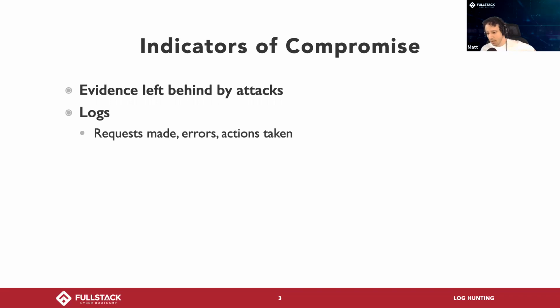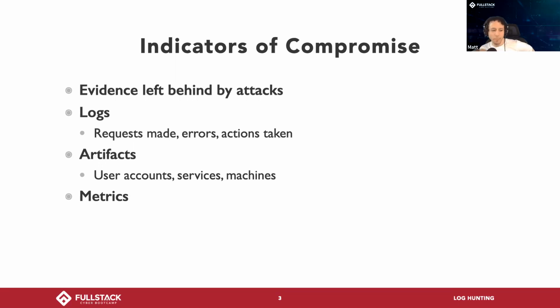And so we have three different places we can look for indicators of compromise: the logs, the artifacts, and metrics. Logs are the log files themselves, and this is where we'll see those things. In addition to logs, we'll see artifacts. This will be accounts made.